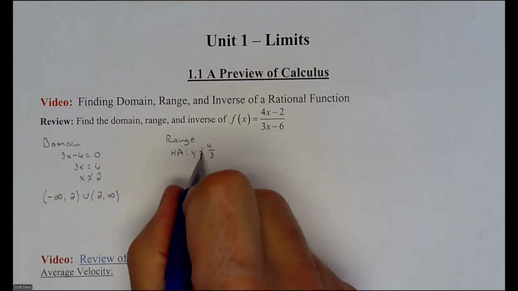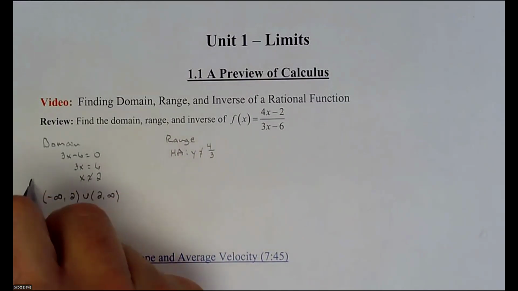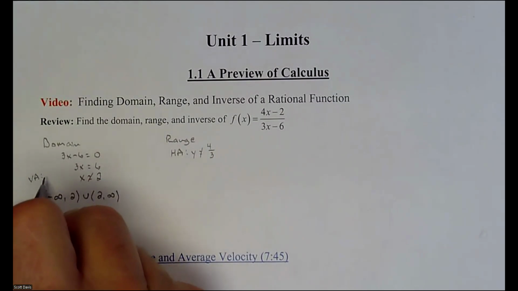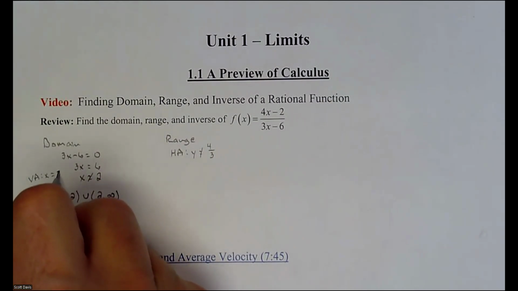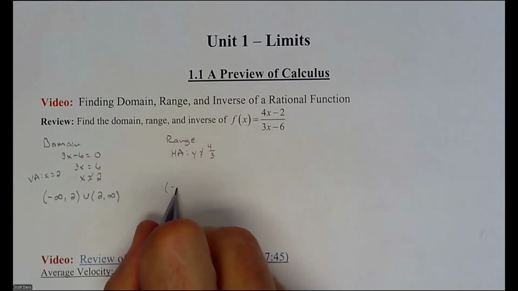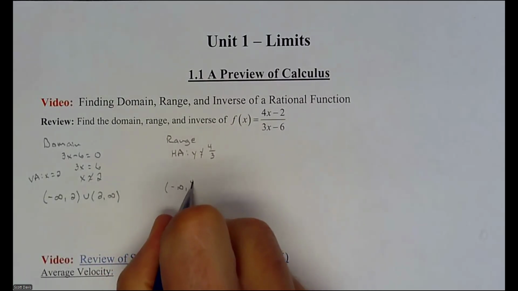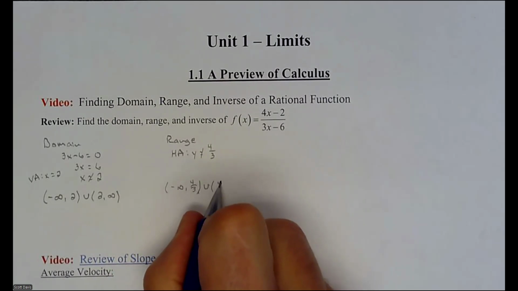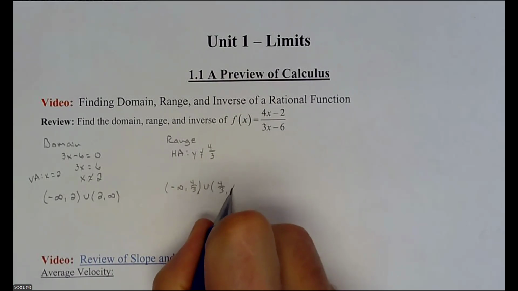That's going to end up being our range, and the vertical asymptote creates the domain issue. We're going to graph this to help visualize it. So our range is from negative infinity to 4/3, and then 4/3 to infinity.